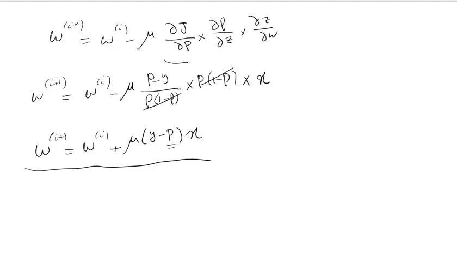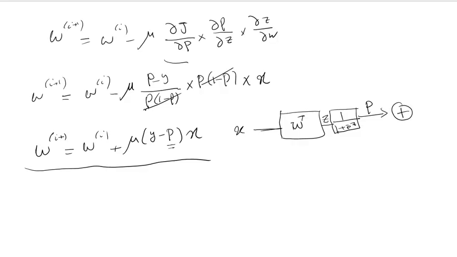So I can sketch this block diagram for logistic regression. We have X, weight W, after that sigmoid. This is the linear model, and then the activation function sigmoid. In here we have Z. Here is the sigmoid function 1 over 1 plus e to the minus Z. Here this is P, and then we compute the error.